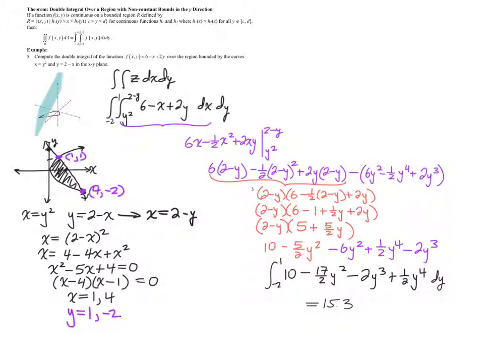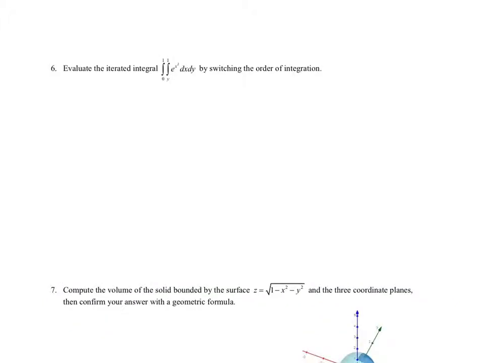So, it says evaluate the iterated integral by switching the order of integration. The idea behind this is, and it's actually kind of funny from my perspective, that I accidentally gave this as a differential equation in my AP Calc class, and it's something that you wouldn't be able to do until you learn about Taylor series and Maclaurin series.